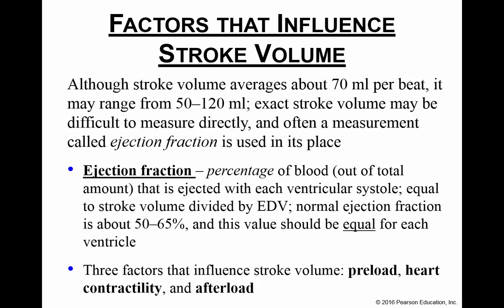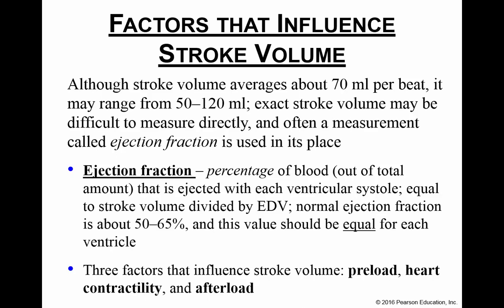That's the percentage of blood that's ejected every time the ventricles contract. Normally it's around 50 to 65%, and this value is supposed to be equal for both ventricles.